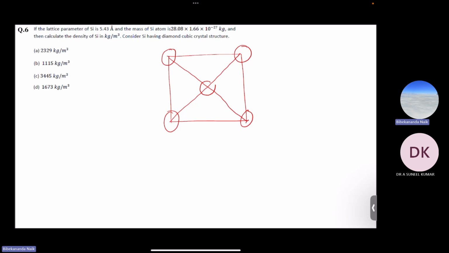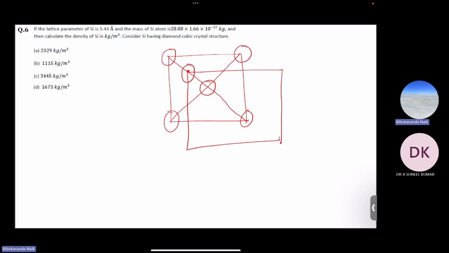But in case of diamond cubic, what happens? In sodium chloride, one has FCC, another also has FCC, and they are displaced by 1/2 of the body diagonal. Here, the two structures are displaced by 1/4 of the body diagonal. So another will be starting from here.